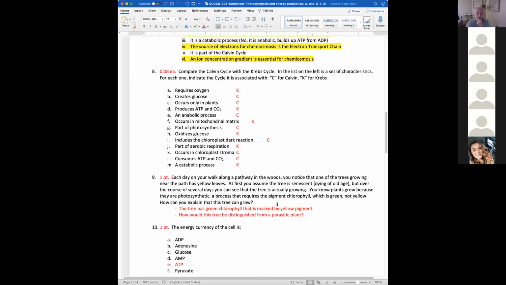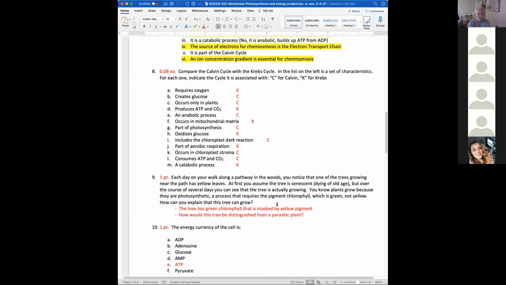Just imagine yourself looking at this. This is a tree. Now you're looking at this tree, and it doesn't say anything unusual about this tree except it's yellow. So we can say it's a parasitic plant, which feeds on a green plant. Yeah. Well, I'm saying, why do you think it's probably not a parasitic plant?